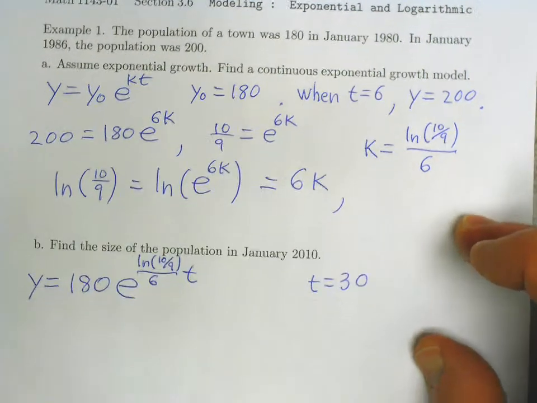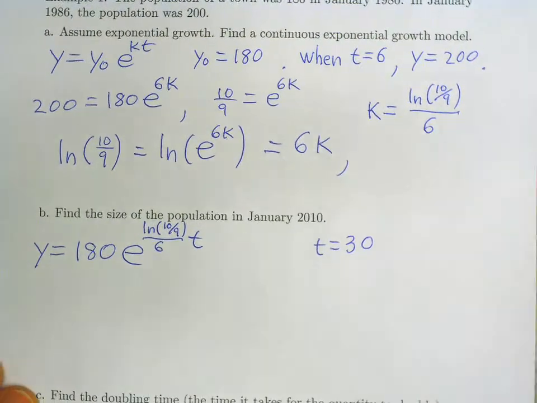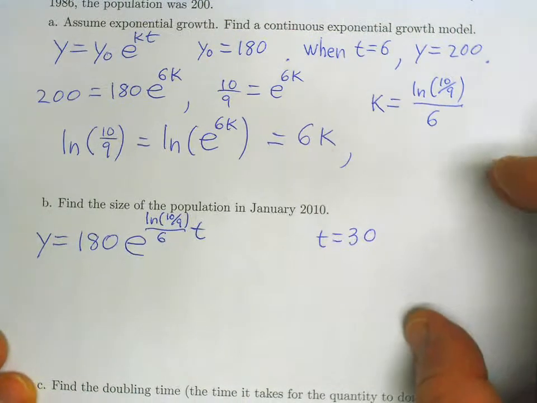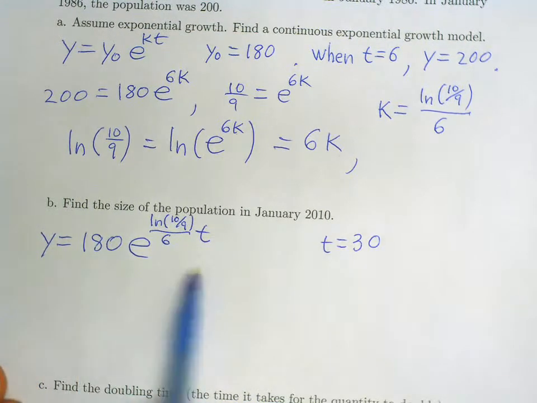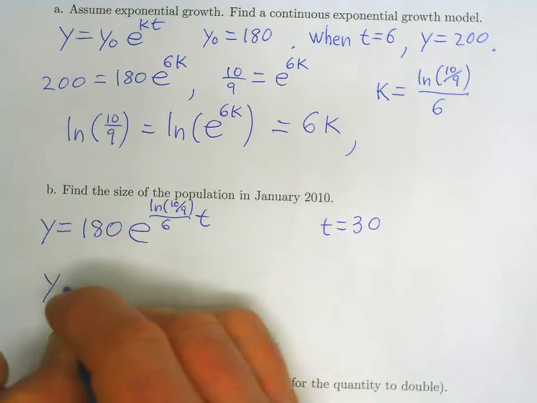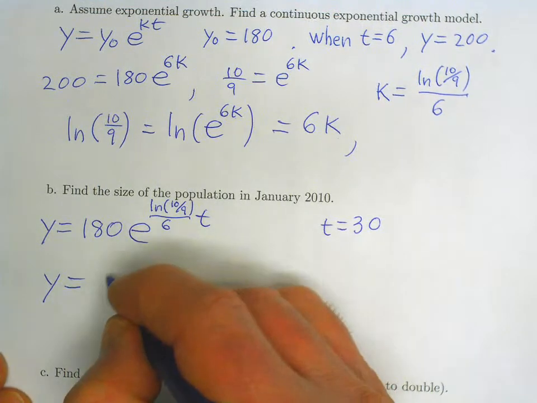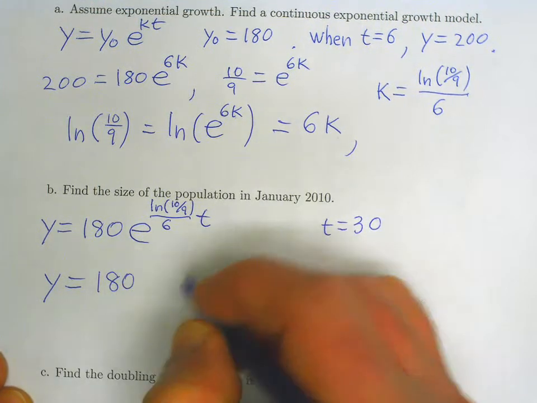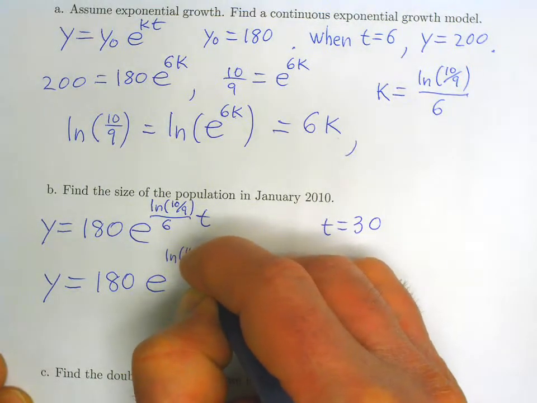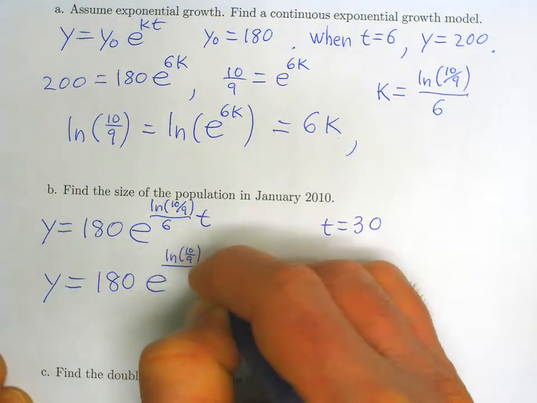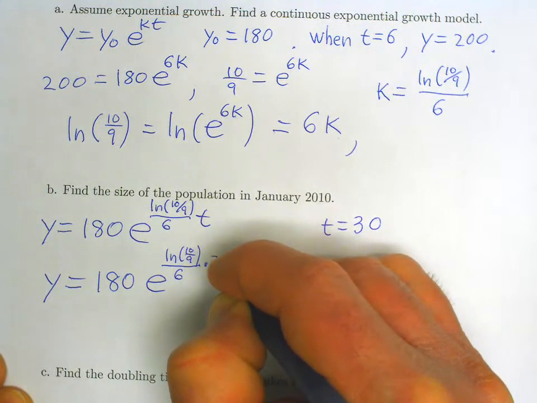Okay, so all we have to do, if you just want an answer that's not an actual integer, where you would round to the nearest integer, just replace t with 30, so we get 180 times e to the natural log of 10/9 over 6 times 30.